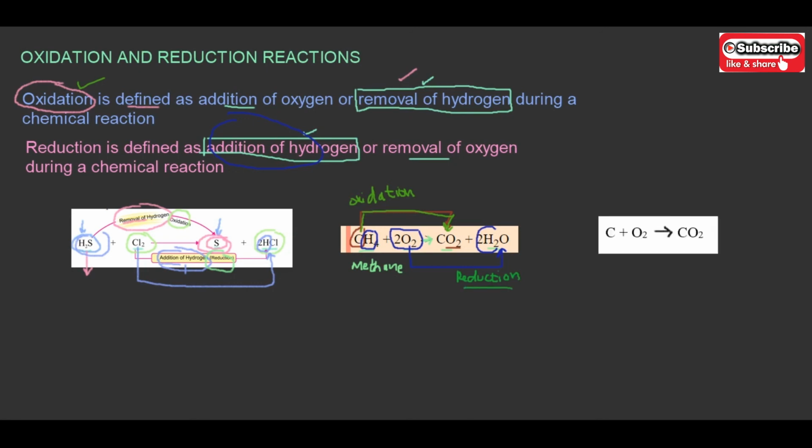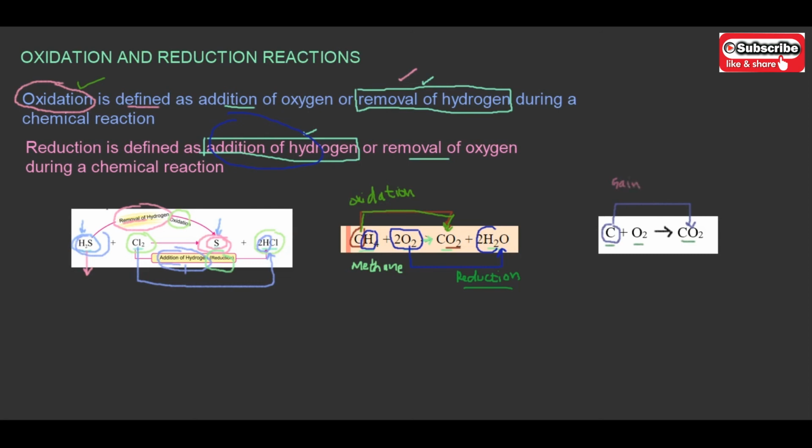Now here we have another example in which a carbon atom on the reactant side reacts with oxygen and they form carbon dioxide. In this reaction, as you can see, the carbon atom is initially alone, while on the product side it is bonded to oxygen atoms. So what does this mean? The carbon atom has gained oxygen atoms.